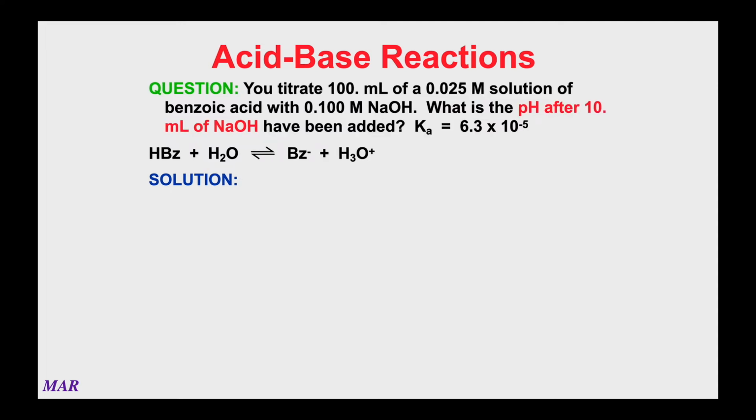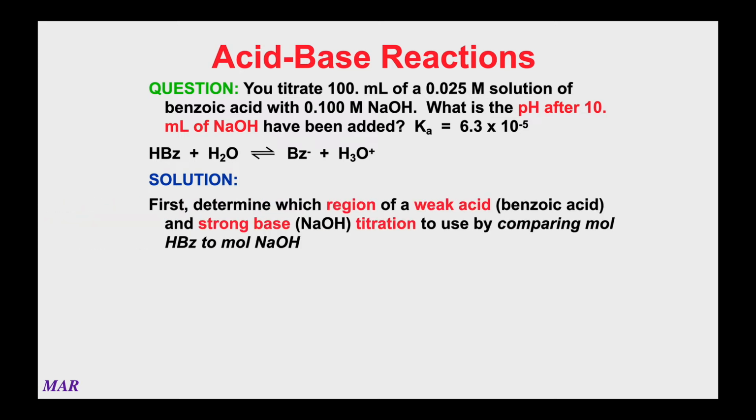Let's figure out the pH after 10 milliliters of sodium hydroxide have been added. Now we are no longer at the initial point. We should figure out if we're at pre-equivalence, equivalence, or post-equivalence. You can probably imagine it's going to be pre-equivalence, but let's go through the steps either way. You need to figure out the region, and that's done through the moles. Moles are just volume in liters times moles per liter.